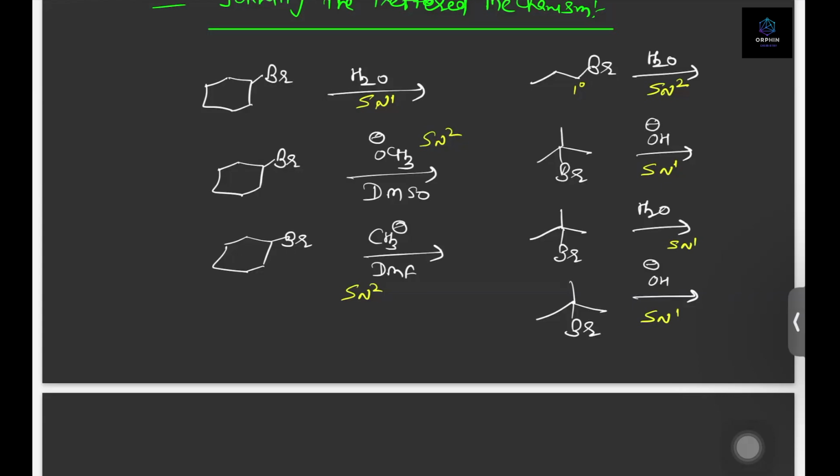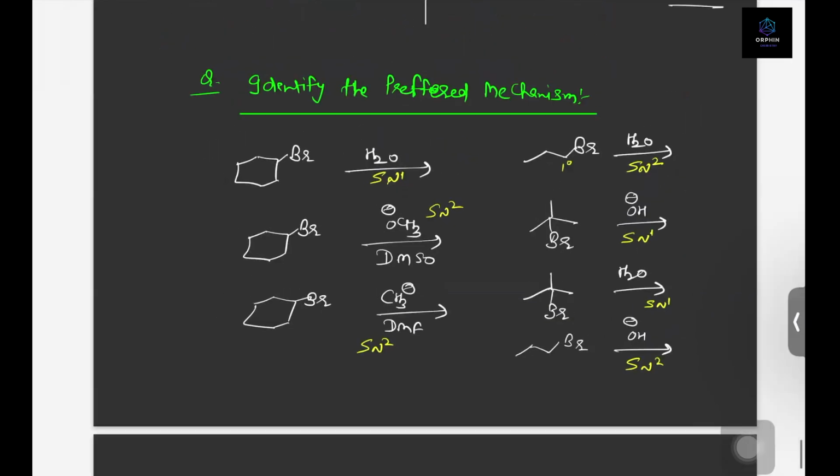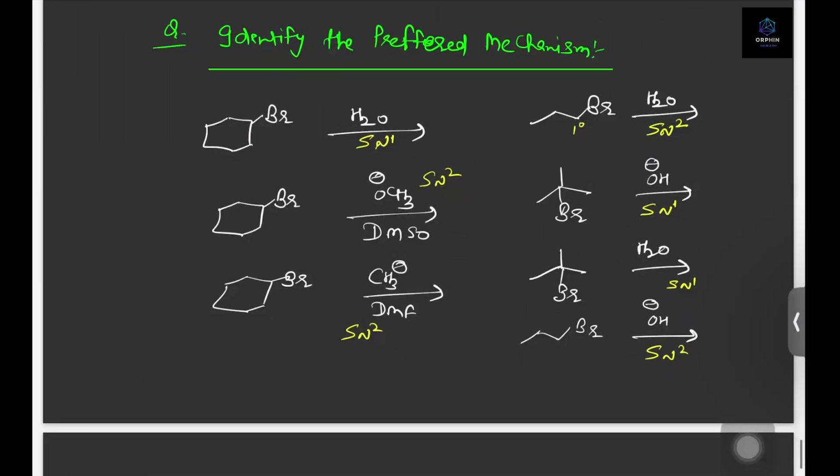I repeated the question. Now, SN2, yes. Okay, so we can guess the product also. In this case, will you be getting one product or two products?